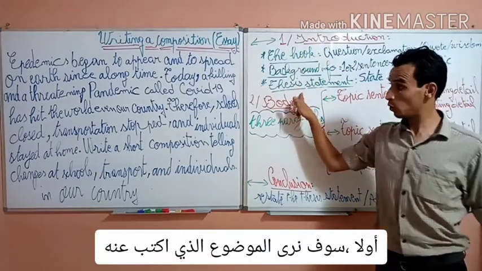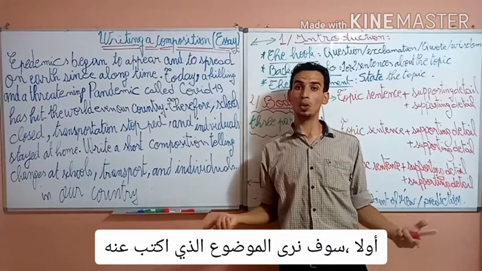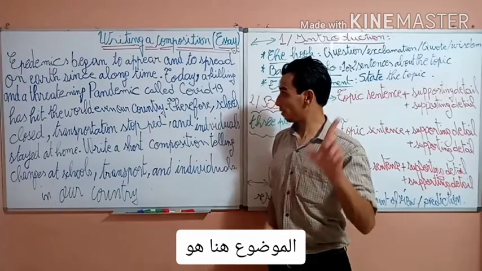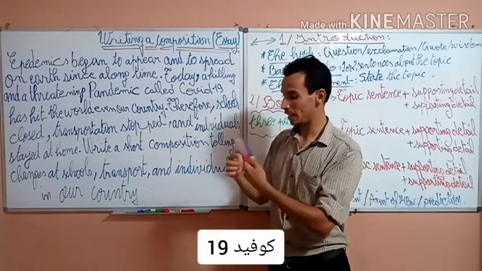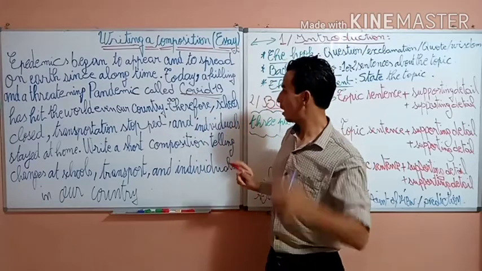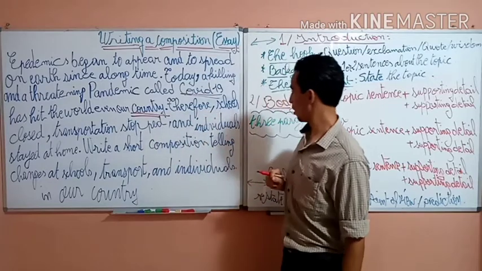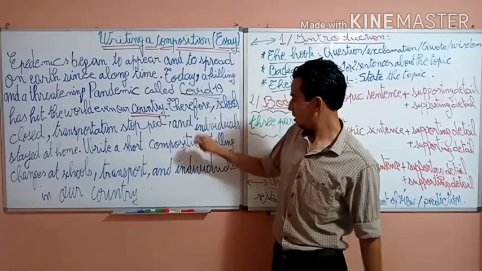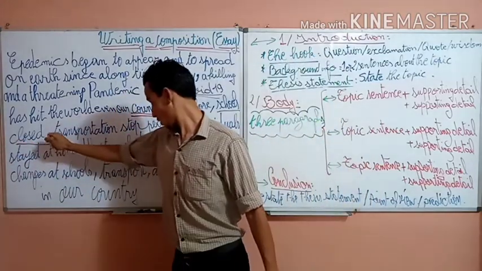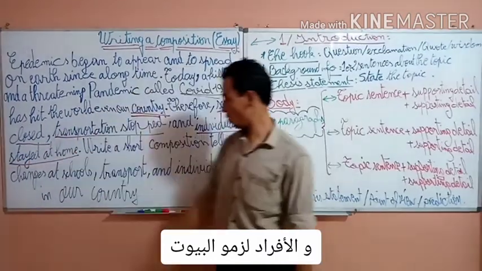First, we are going to see what is the theme or the topic that I write about. The topic here is COVID-19, where in our country we have schools closed, transportation stopped, and individuals stay home.